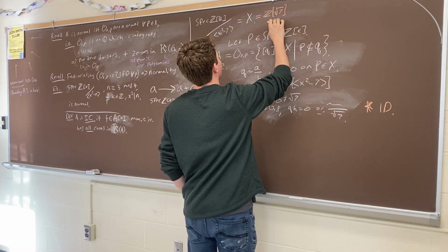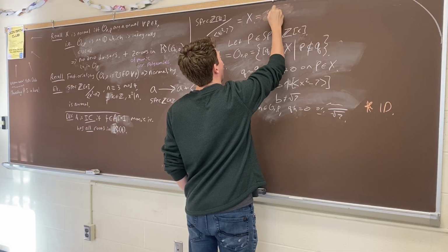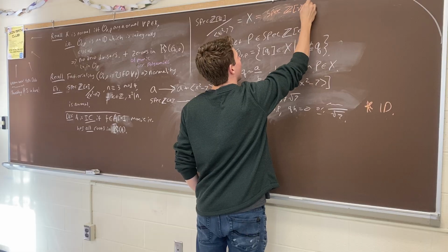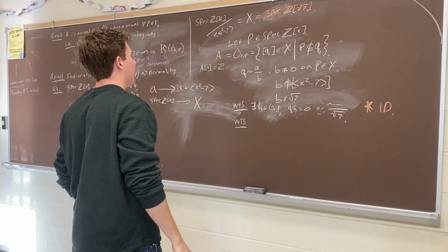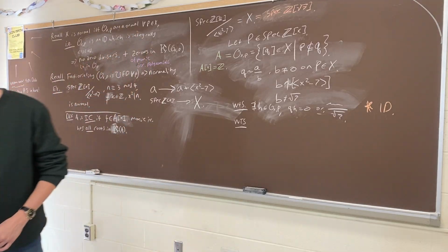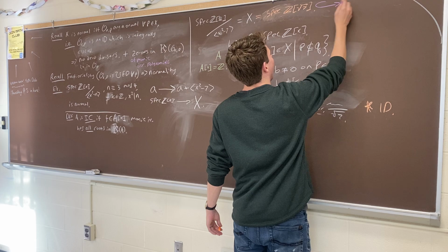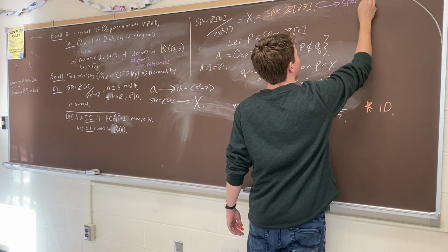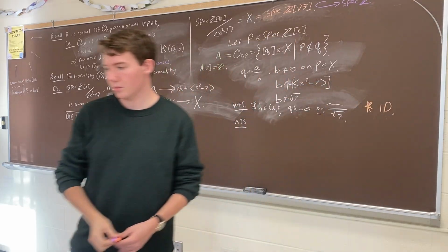Oh, this is Spec. Z mod square root of 7. Okay, and then here's where it gets weird. This has a natural inclusion.